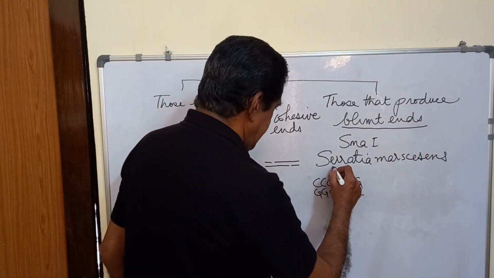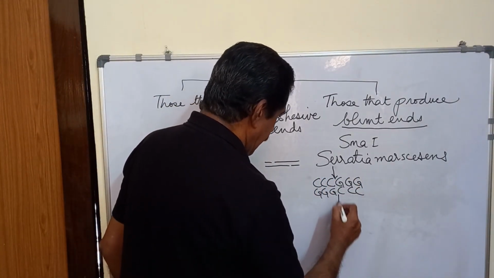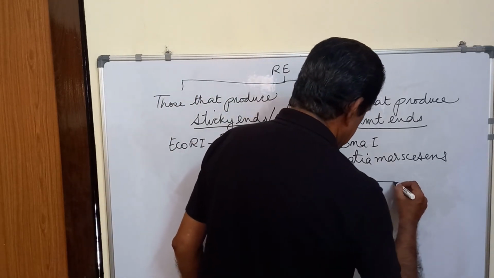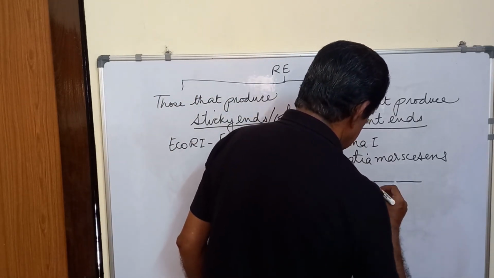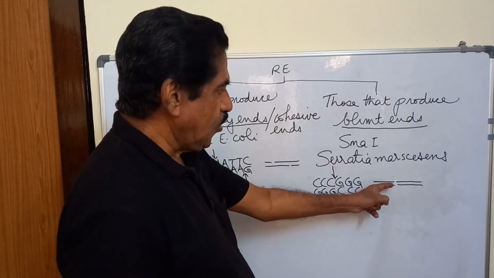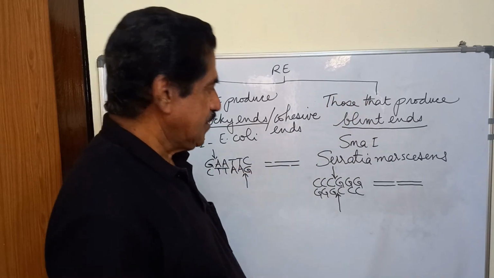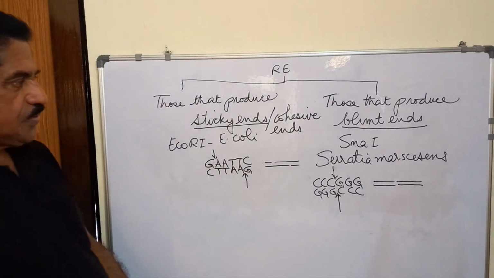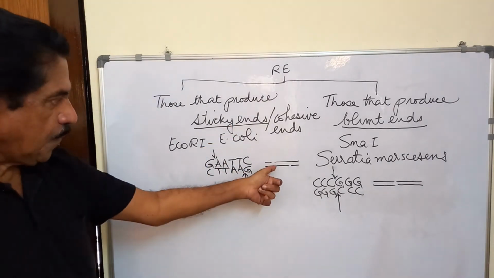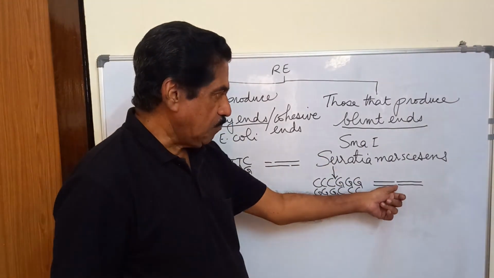It cuts the DNA right in the middle. So the ends of the DNA look like this. Now these ends are called blunt ends. So there are two types of restriction endonucleases, those that produce sticky ends and those that produce blunt ends.